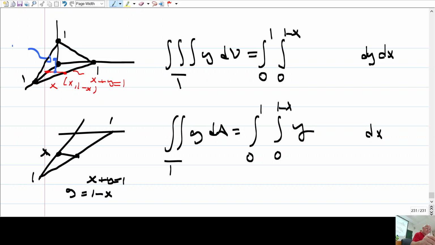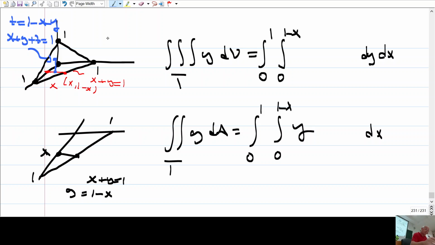What is the equation of this plane? Well, this is the plane that crosses each axis at 1, right? So the equation for this plane is x plus y plus z equals 1, right? It is this plane. Therefore, z is just 1 minus x minus y.